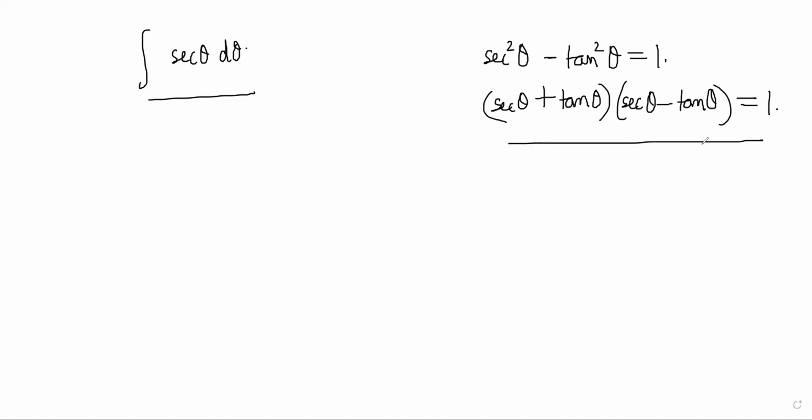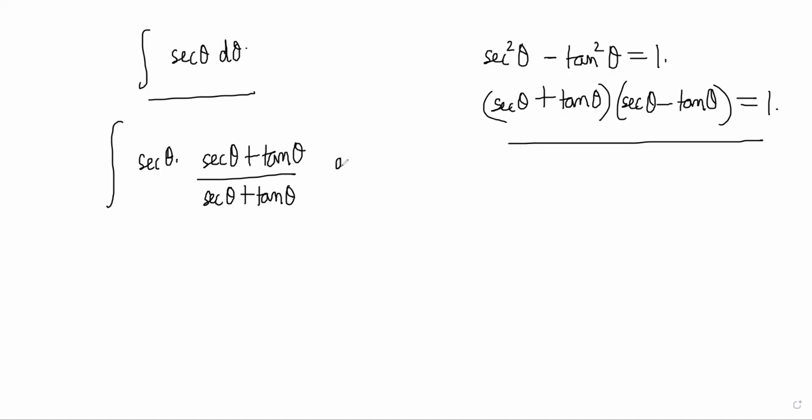Yes, sir. So what you have to do here is multiply up and down by sec theta plus tan theta, then nothing has changed, right? Nothing has changed, no? But what is the advantage? Actually, this step is not required.